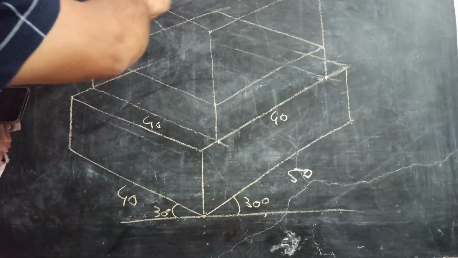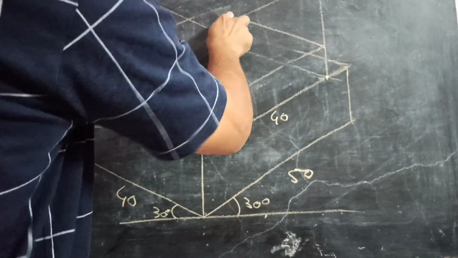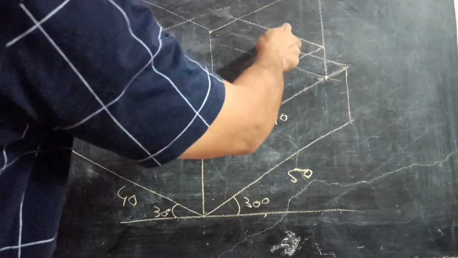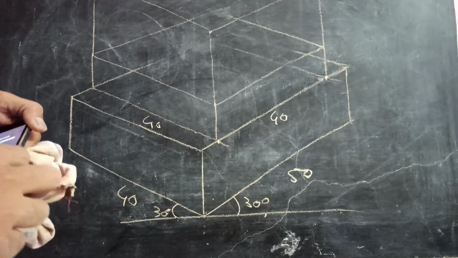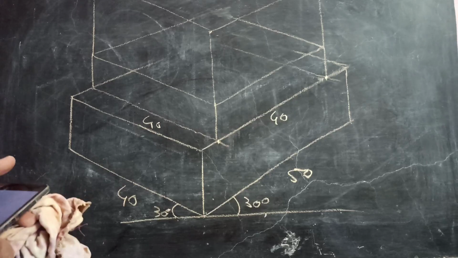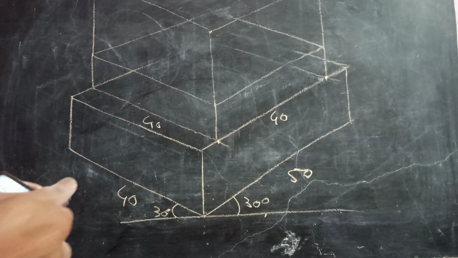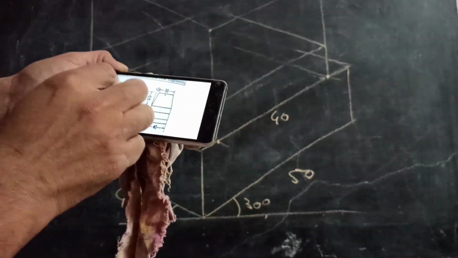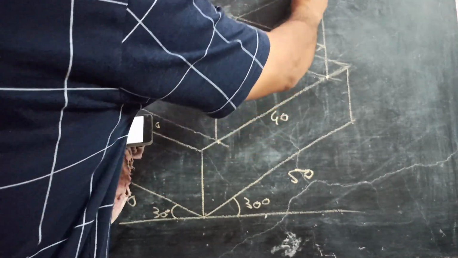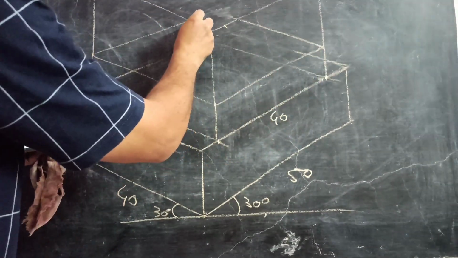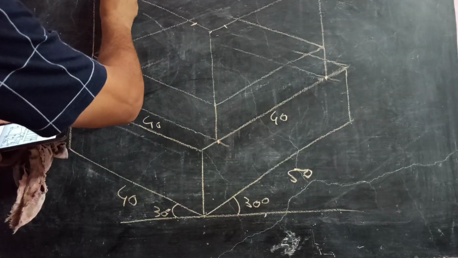We can see this as 40 by 40, but the top is 30 by 30. So on all sides, 5 mm on this side, 5 mm on this side, 5 mm on this side, and 5 mm on this side.